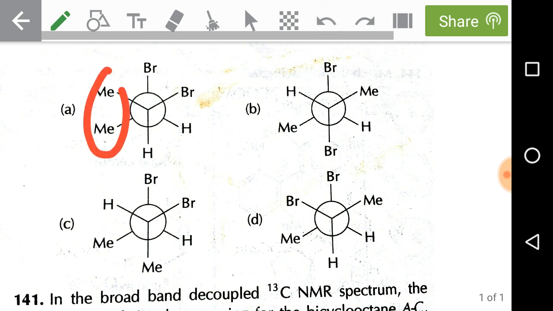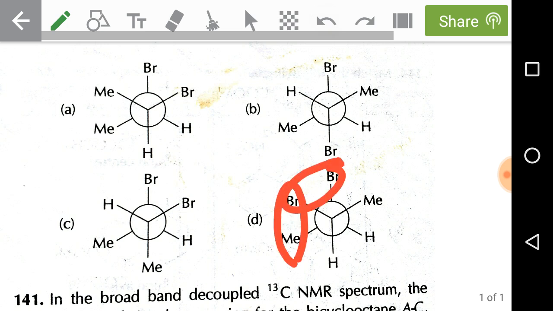You can see in the first one methyl and bromine. That's why highly unstable. Here bromine, methyl. So it is also highly unstable. You can see bromine and bromine, methyl and bromine, methyl. Due to the presence of bromine-bromine, it is also unstable, because bromine interactions are giving 3 kilojoules of extra energy to it.